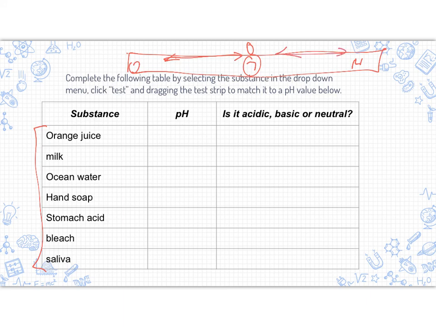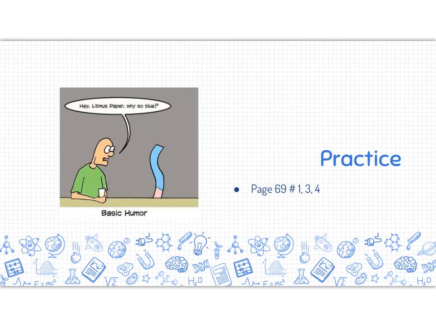Then ask yourself, is it acidic, so less than 7, basic, greater than 7, or neutral, around 7? You could label something from 6 to 8 as neutral. That would be fine. A little bit of practice here for you, page 69, number 1, 3, and 4.